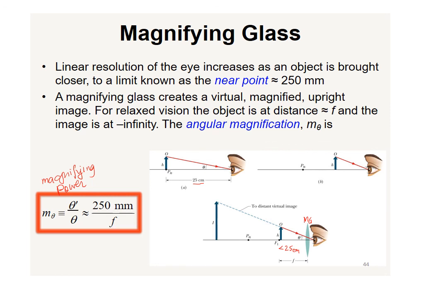So it's going to be the ratio between the angle subtended at the eye by the image. We've got the magnifying glass in place here, and here is our image. You can see this is the angle subtended, theta prime. And we're going to compare that angle to the angle if the object were located at the near point. So here is the angle subtended here, theta. The ratio of those two gives you the magnifying power.